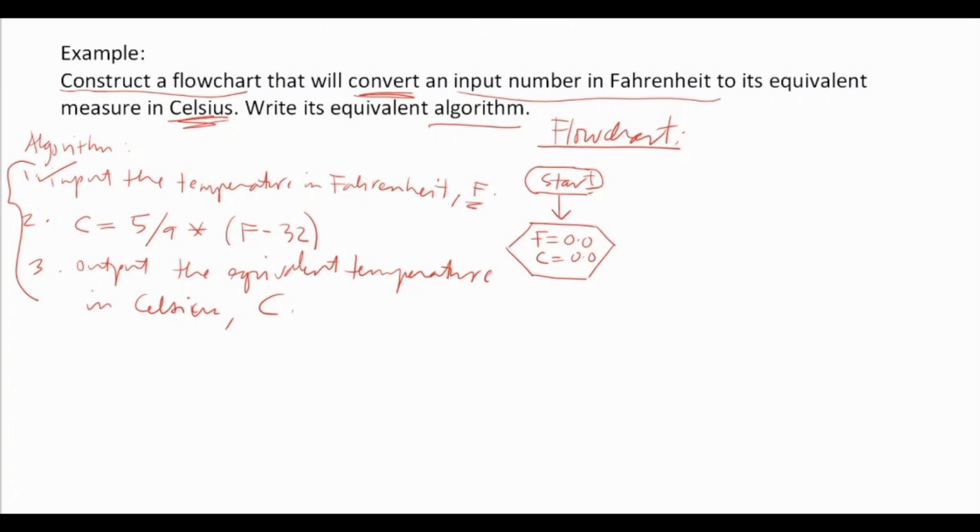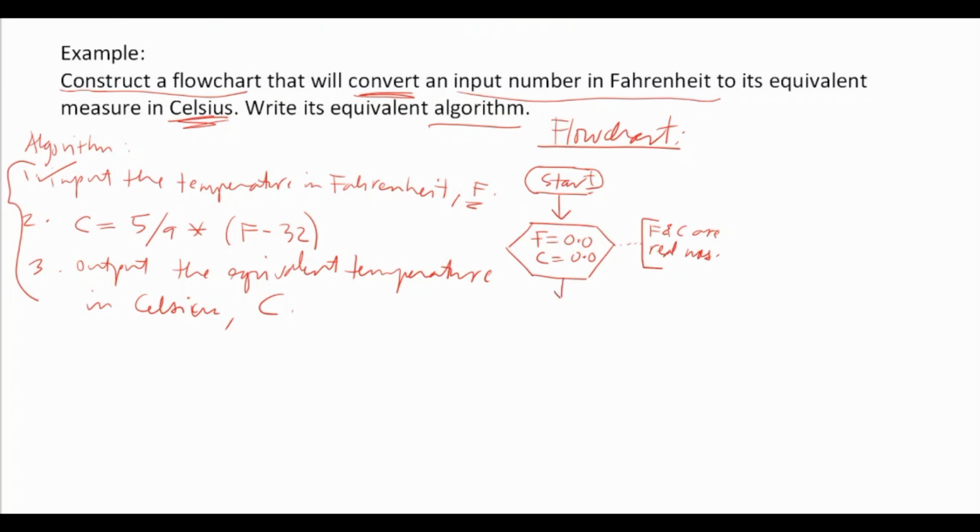Now, why is it that we initialize it this way, not just 0, but 0.0? Because we are trying to tell the reader of this flowchart that Fahrenheit and Celsius are real numbers and not integers. So we include the 0.0. So we could add here a comment: F and C are real numbers.